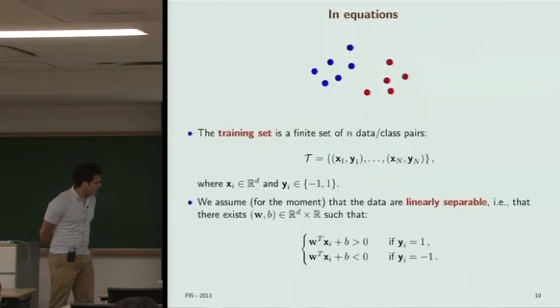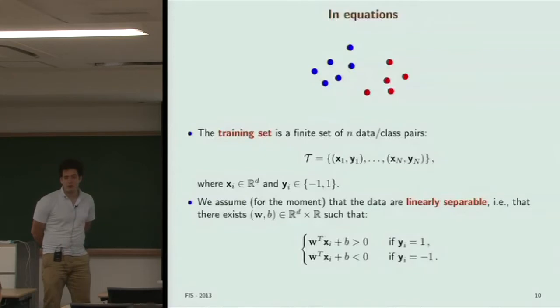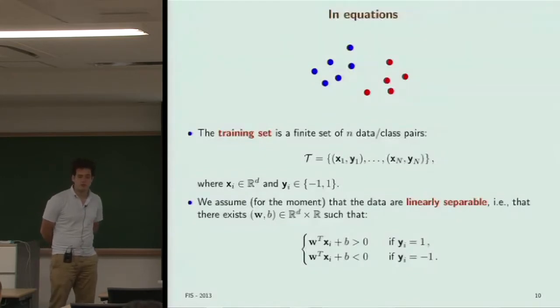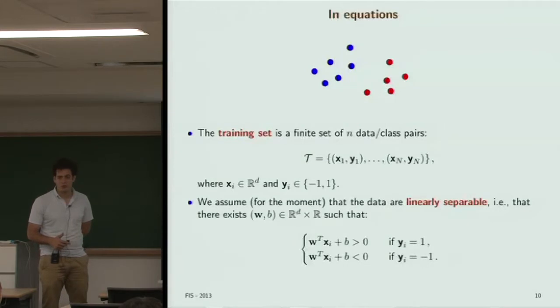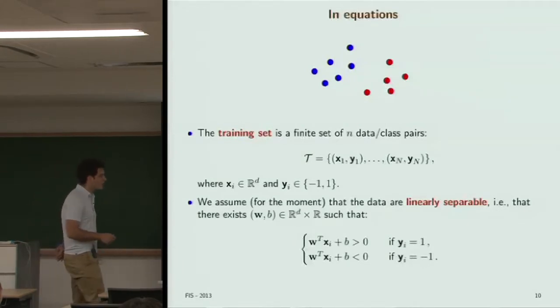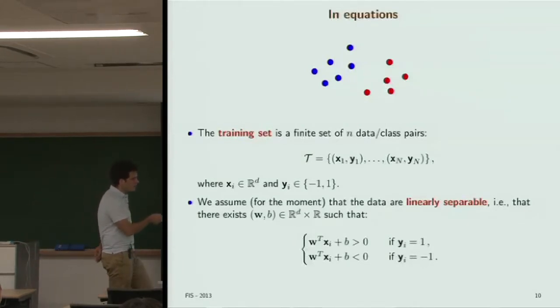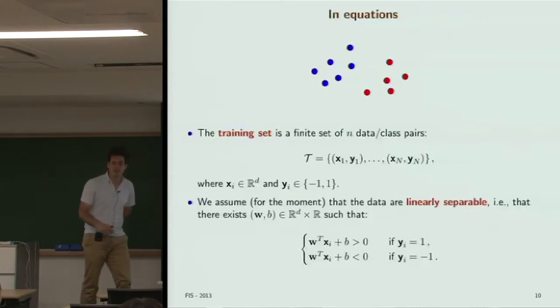So what is exactly the problem that we want to solve in equations? Well, we have a training set of points (x1, y1) to (xn, yn). Each x is a vector, each y is a binary label, -1 or 1. And we want to find a hyperplane that separates both. That's the first condition.